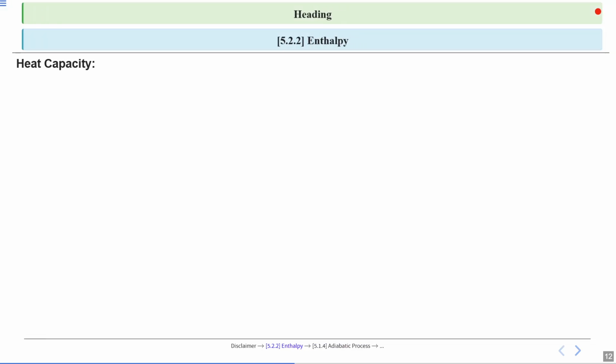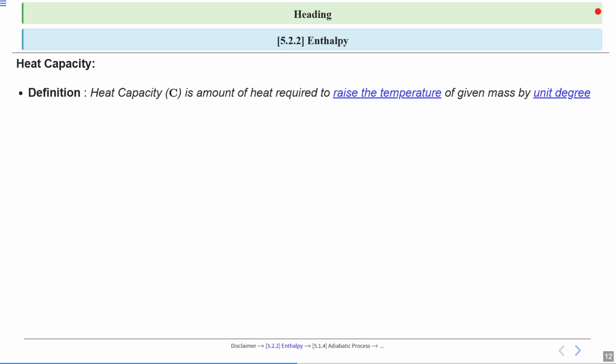Now, if this is clear, let us move on to the next topic, which is heat capacity. How can we define it? So just think of it visually. What is that visual thinking? It is the heat which you will need to raise the temperature of any amount of substance, or a given amount of substance, I would say, by a unit degree.